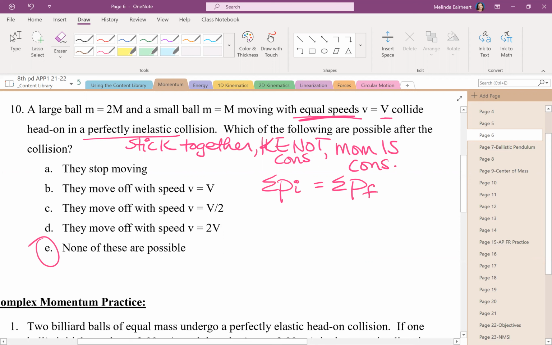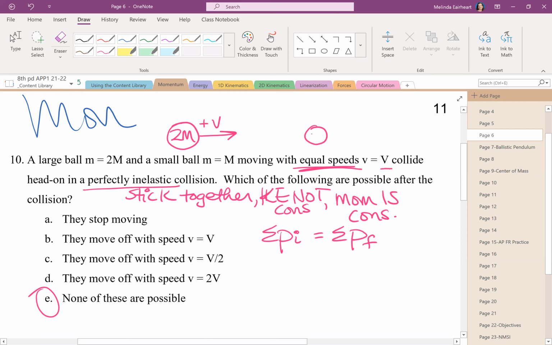Maybe 2m is moving to the right, and little m, or 1m, is moving at the same speed, but momentum cares about direction, so its velocity would be negative v. Head on, just like a car wreck, unfortunately, they're going to hit each other straight on, no angles. Angles are coming later, but no angles with a head-on collision.